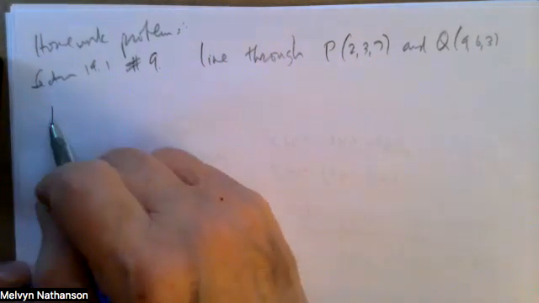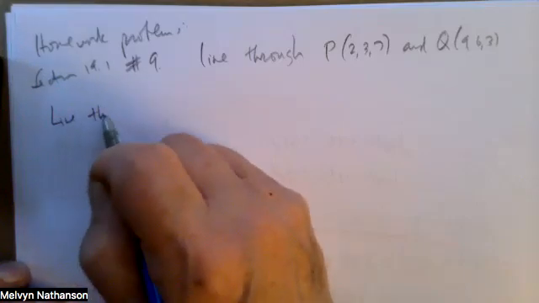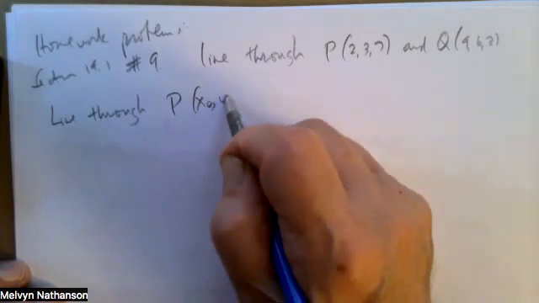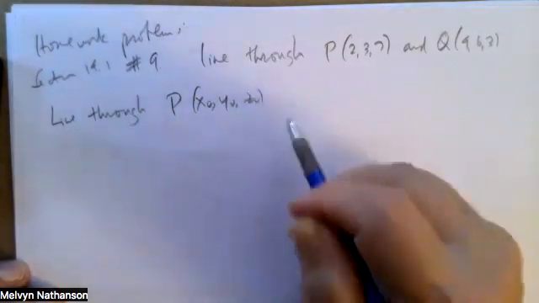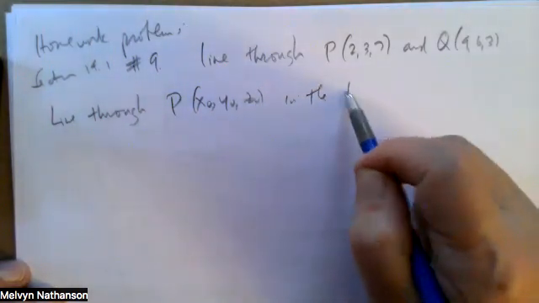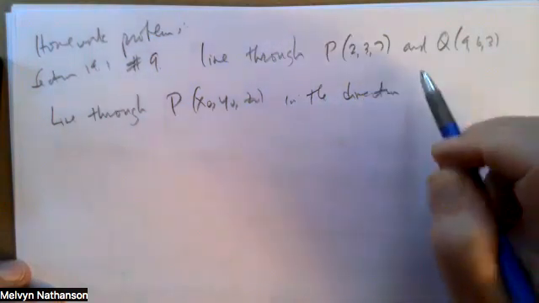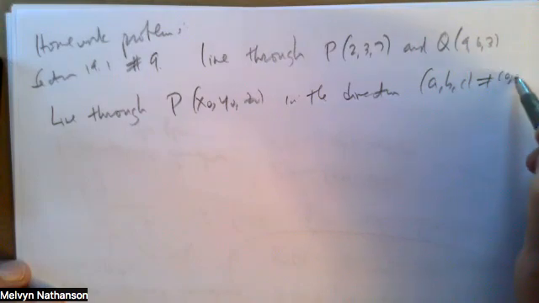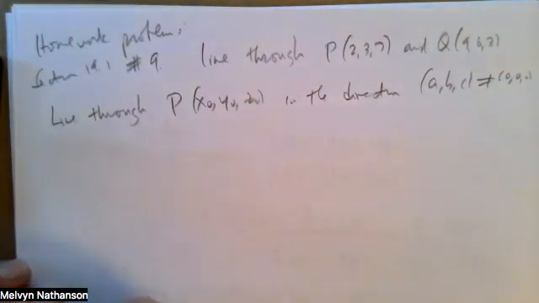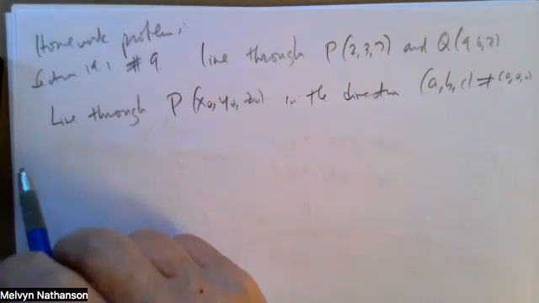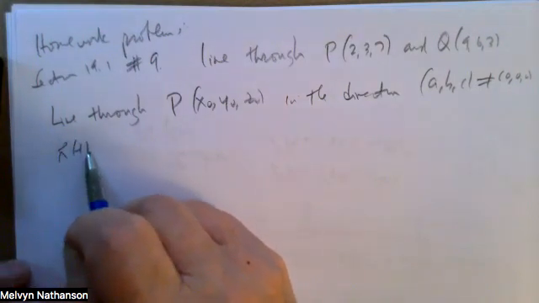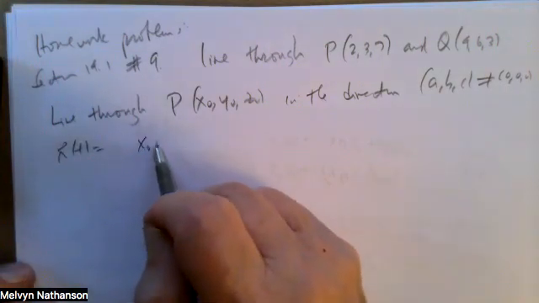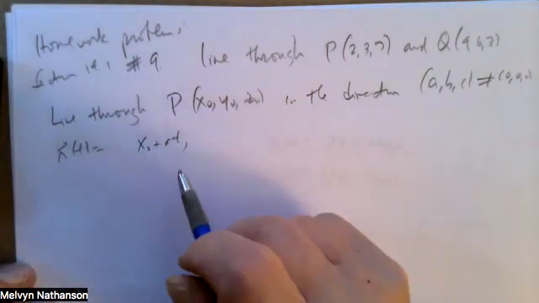If you want to find the line through a point P with coordinates x naught, y naught, z naught in the direction of the vector a, b, c, which is not the zero vector, the equation of that line is R of t is, well, the first coordinate is x naught plus at.